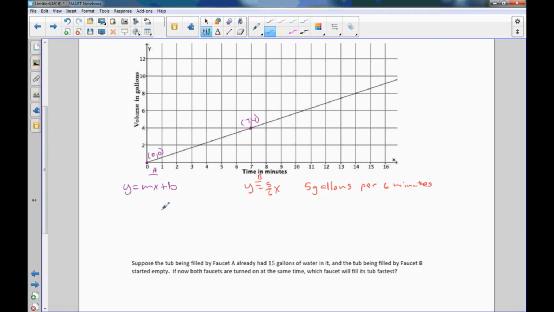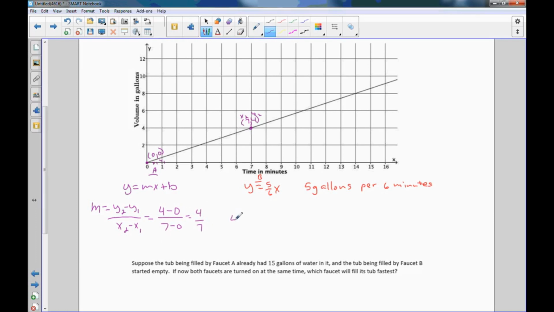Okay, so if you remember, slope m equals y2 minus y1 divided by x2 minus x1. And if I call this x1, y1 and this one is x2, y2, then I get y2, which is 4, minus 0 over 7 minus 0, which equals 4 over 7.